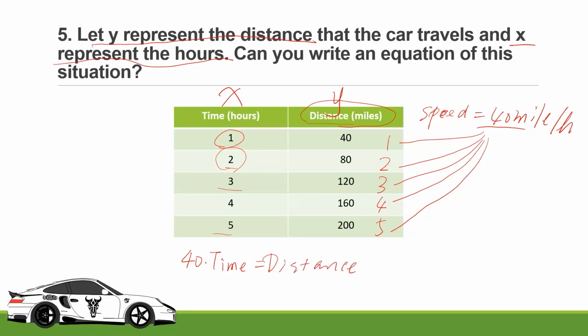And we use x to represent time and y to represent distance, right? We can write it as 40 multiplied by x equals y. Yep, that's the equation. And in math, we tend to write the y at the beginning.